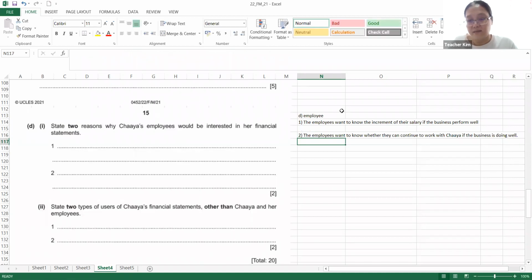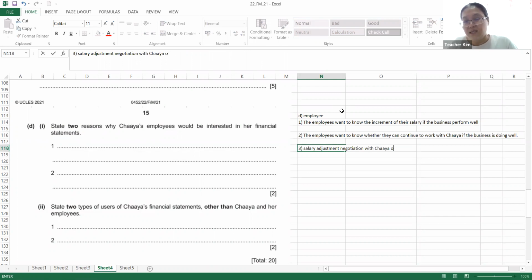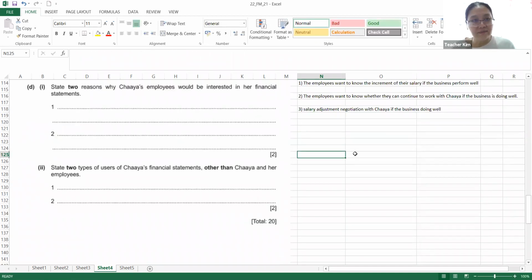Other than that, talk about the increment, talk about the salary adjustment, negotiation with Chaya, if the business is doing well.